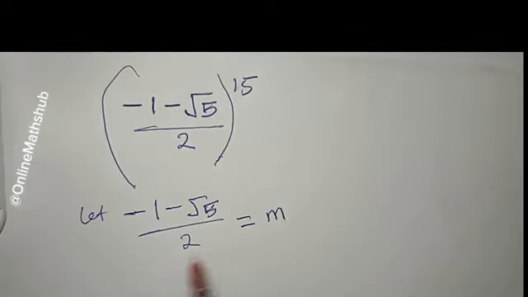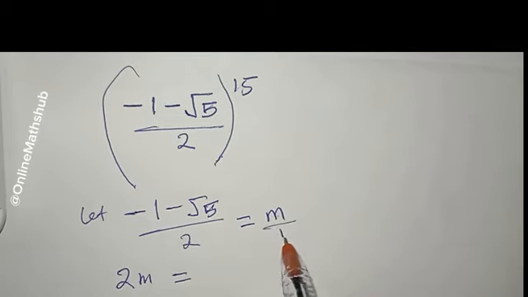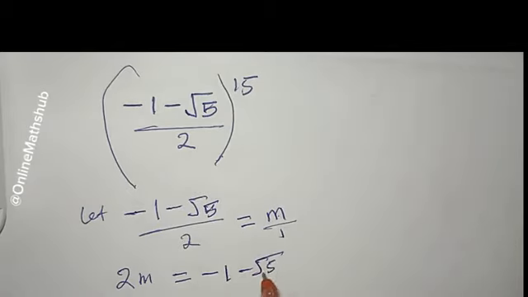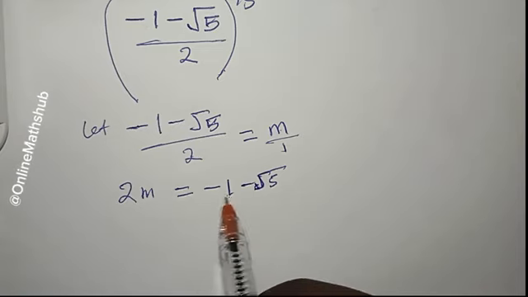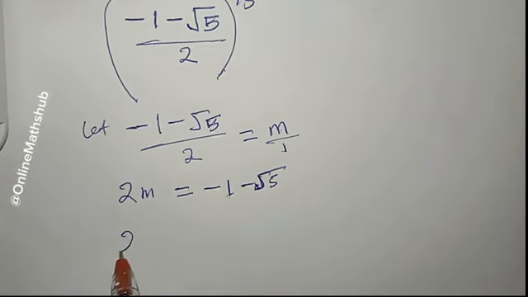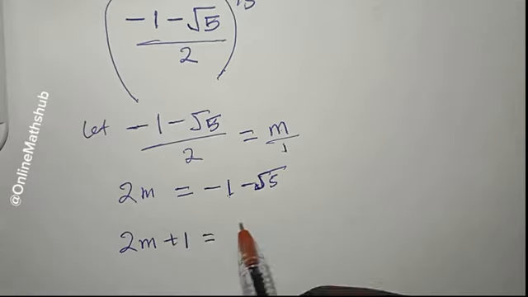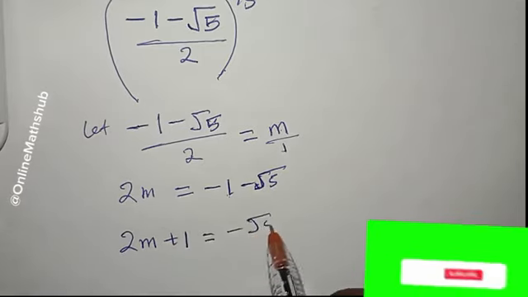From here we can do cross multiplication, so that 2 times m gives 2m, which is equal to 1 times the numerator, so we are left with -1 - root 5. Then we move this 1 to the left hand side, so that I have 2m + 1 = -root 5.